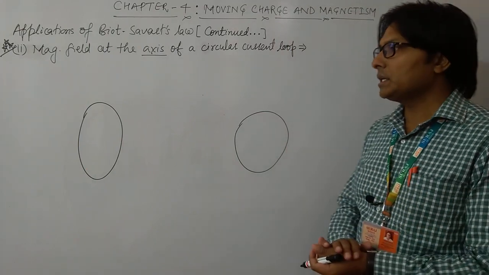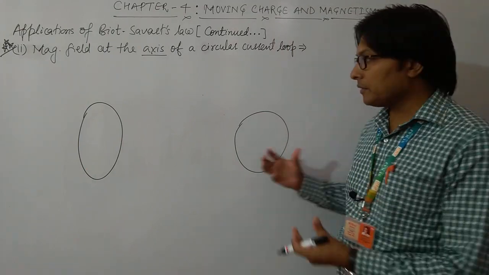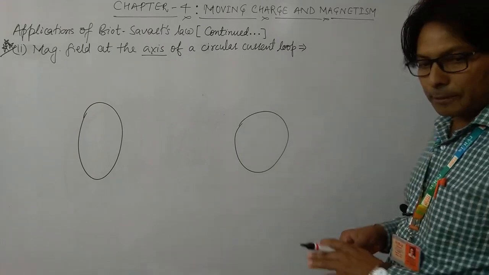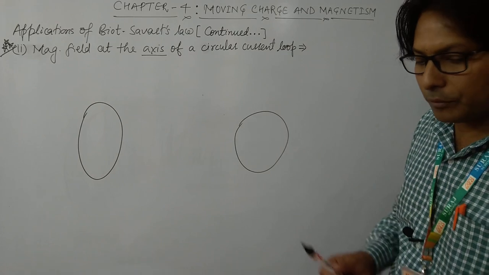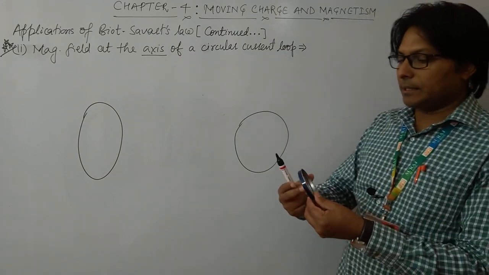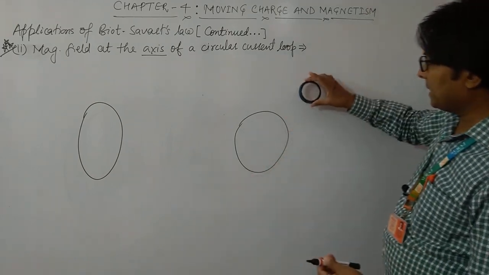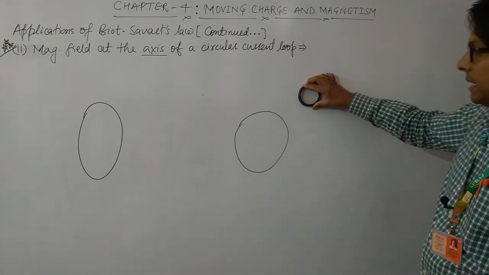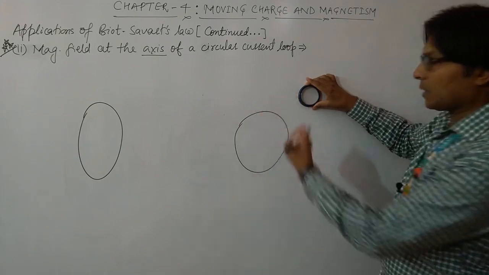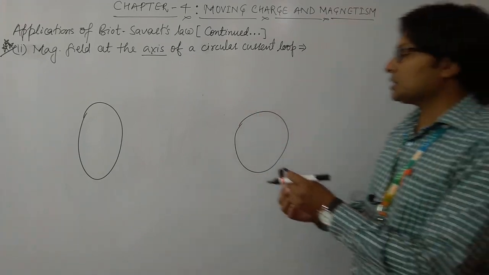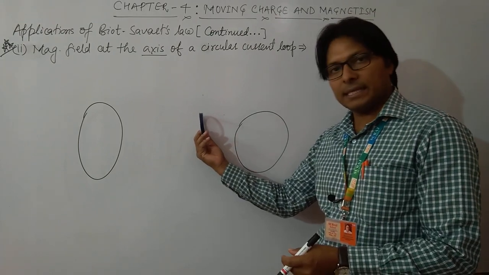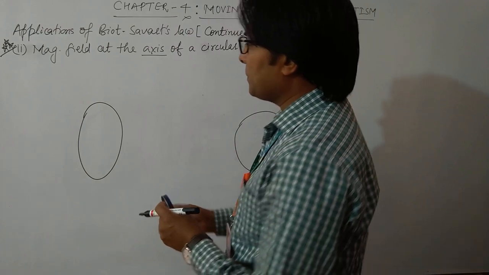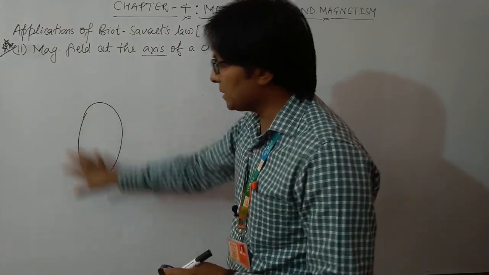The only difference is the point of view from where we are watching these two diagrams. If I watch this circular loop from the top, it will look like this. But if I put this loop like this and watch it from here, it will appear like this.